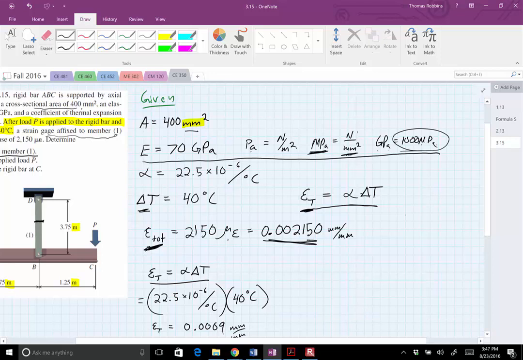So we could say 70 multiplied to 1,000 megapascals. This is our Young's modulus. And then what is a megapascal? We can say it's a Newton over millimeter squared.